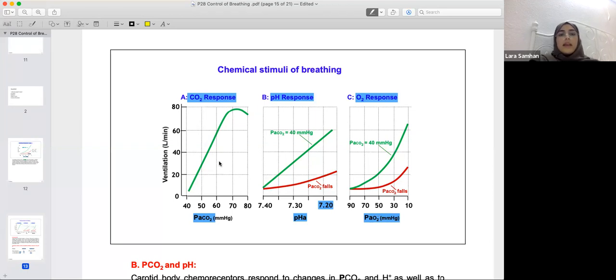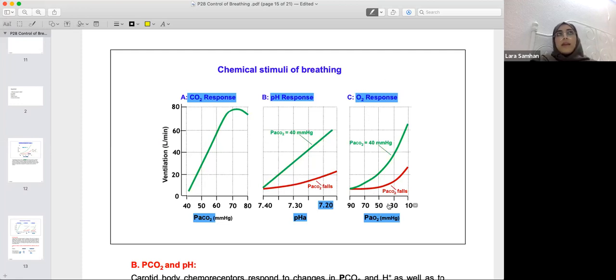The more we hyperventilate, the carbon dioxide levels should normally go all the way down. The more we hyperventilate or have enough oxygen in the blood, the pH shouldn't go to the left side, it should go to the right side. That means it shouldn't be high in H plus ions. It should have more bicarbonate ions, more toward the alkaline levels. Same goes for the oxygen response.